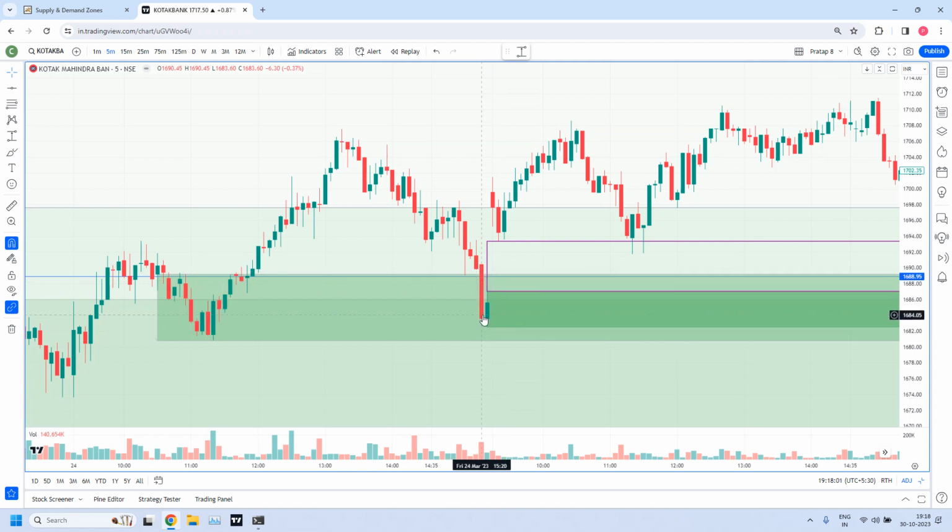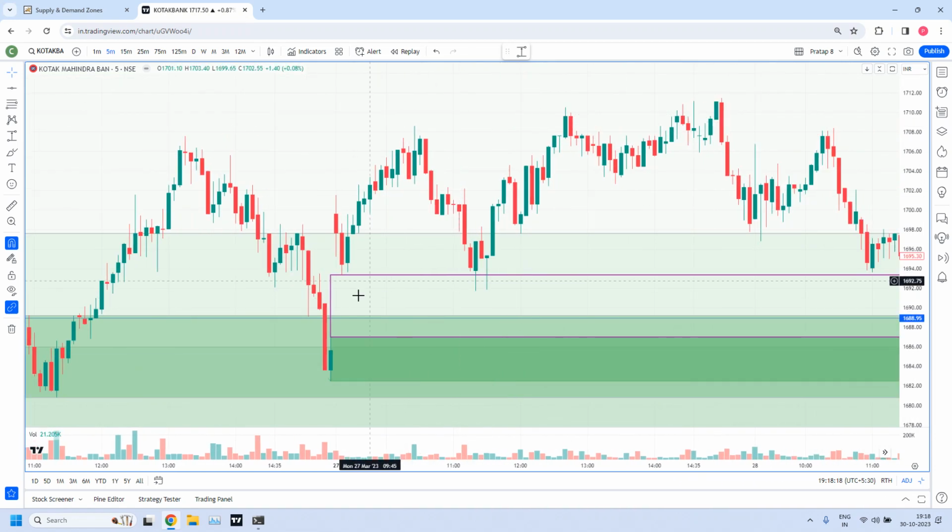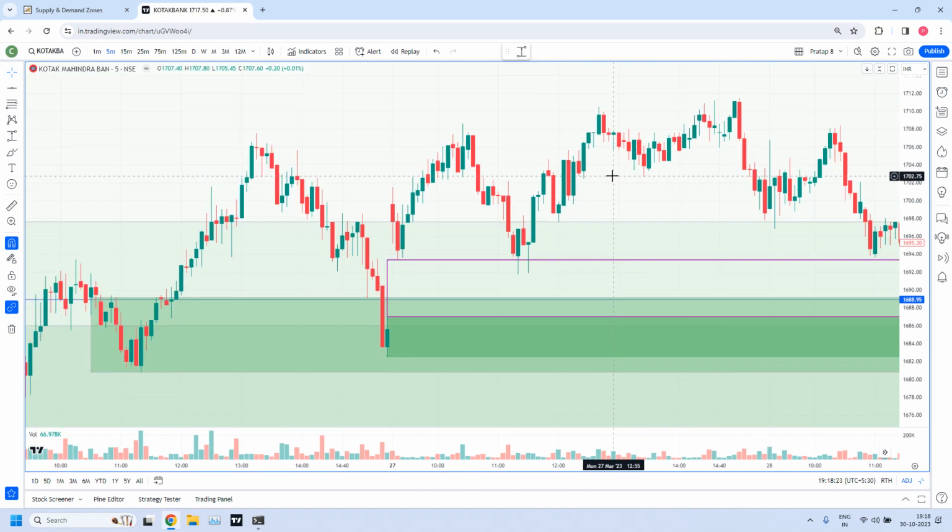So we have a drop, and then we have a base, and then we have a rally candle with a gap up. See the professional gap here. Previously, it took a trade and pushed the price.